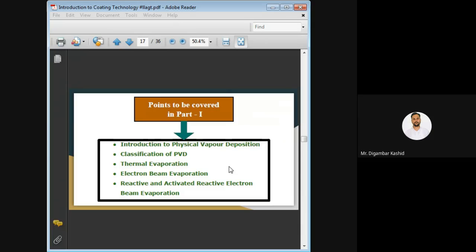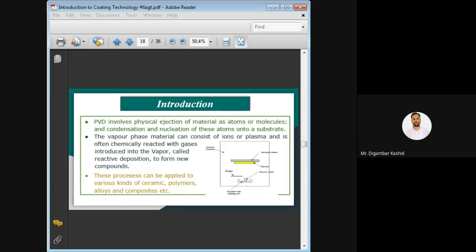Then we'll see the classification of PVD, and in the subtypes we are going to discuss thermal evaporation, electron beam evaporation, reactive and activated reactive electron beam evaporation. And in part two, we will discuss the further subtypes of PVD.